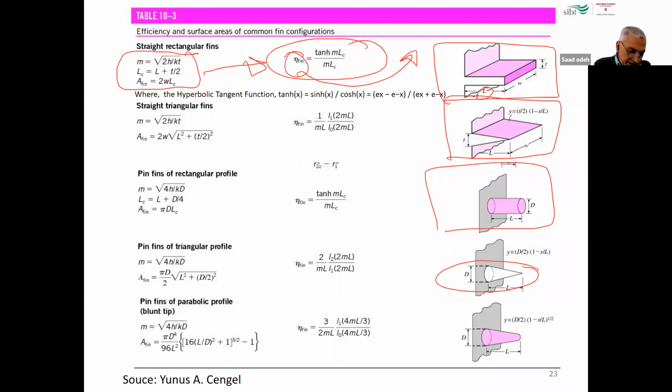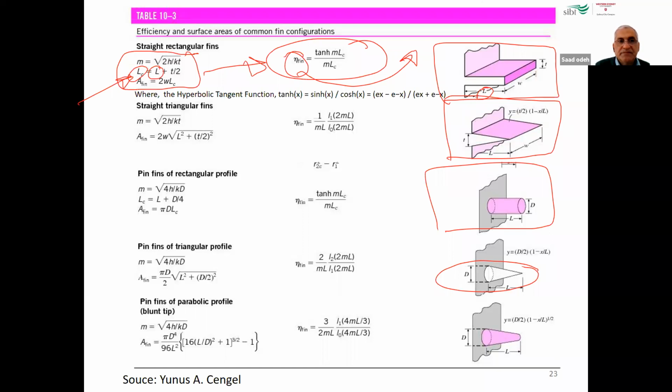But this is Lc. If you put it here, it's L plus t by 2, where t is the thickness of the fin. If the thickness is very small, then you will end up with L equal to Lc.